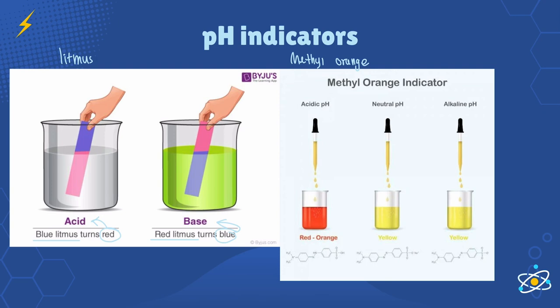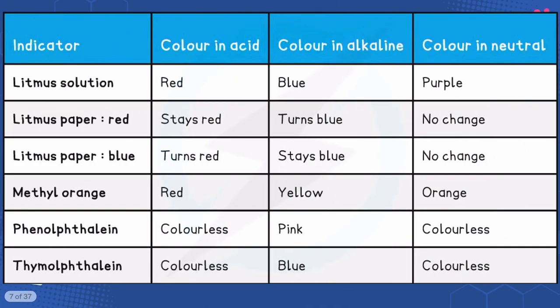There are two different types. And if you are wondering what happens to blue litmus when it's in basic conditions, it stays blue. Otherwise, here we have the methyl orange indicator, and normally in neutral pH, it's yellow or orange, and in acidic conditions, it becomes red. In alkaline conditions, it becomes yellow or orange.